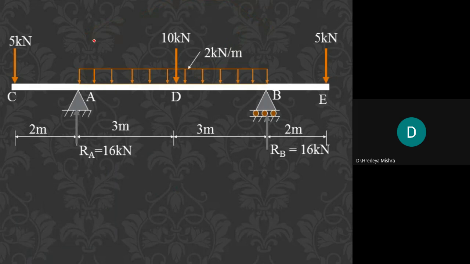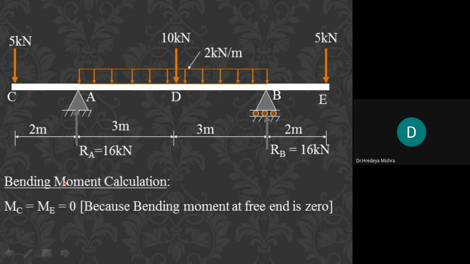so here what we're going to see, we calculate the bending moment at each point, left hand or right hand. Bending moment calculation. At the free end, bending moment is zero because bending moment at a free end is zero.